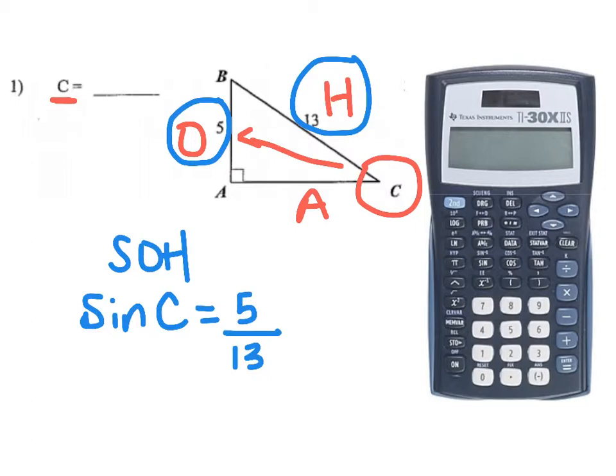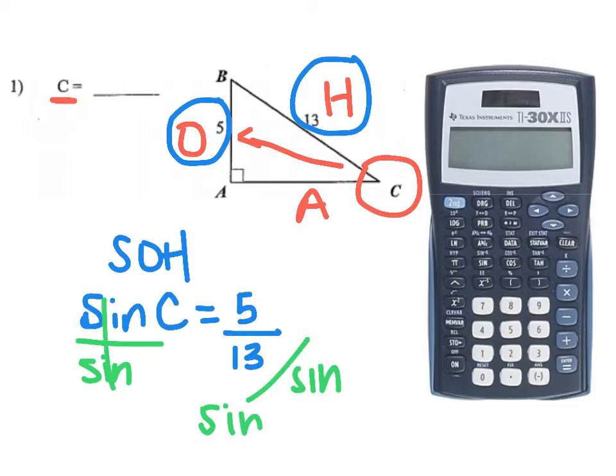The way that you do this technically is you divide by sine. When you divide over here by sine, that's really the same as using sine to the -1. So you're really taking sine to the -1 of 5/13.